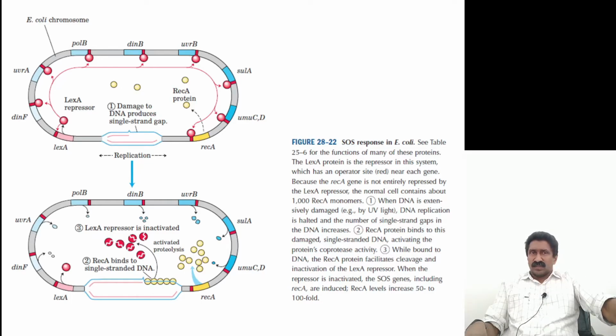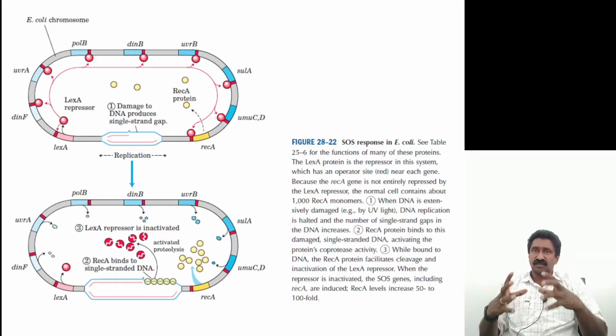Now, because the RecA gene is not entirely repressed by the LexA repressor, the normal cell contains about 1,000 RecA monomers. So they are present here. When the DNA is extensively damaged, it means the DNA will be single stranded at that point, because extensive damage prevents the duplex formation.